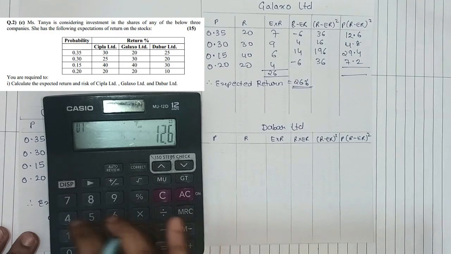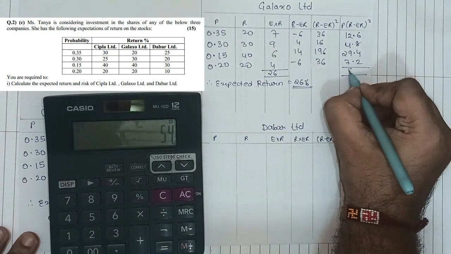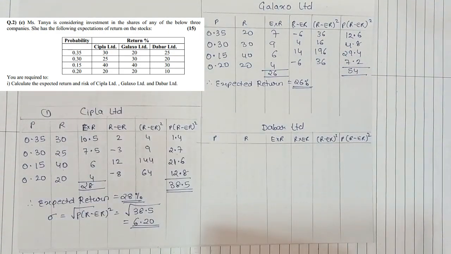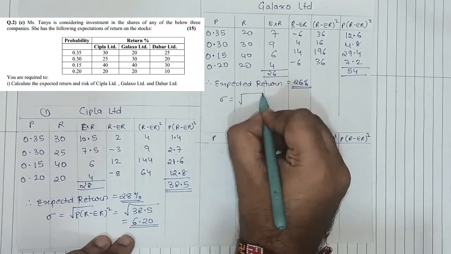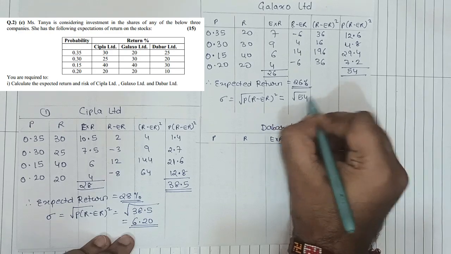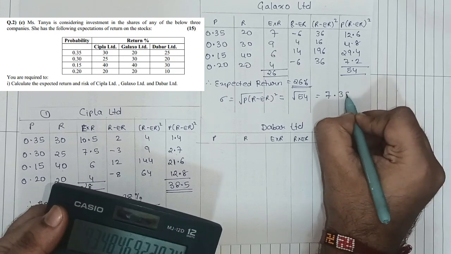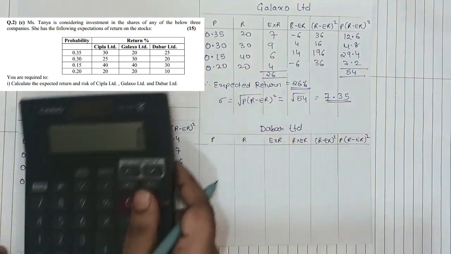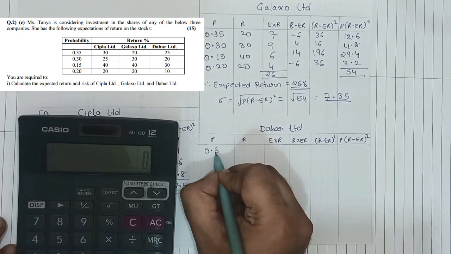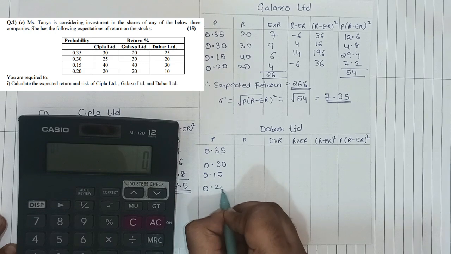So 12.6 plus 4.8 plus 29.4 plus 7.2, we get the value as 54. Now standard deviation is again the root of P into R minus ER the whole square, so that is the root of 54, which is 7.35.